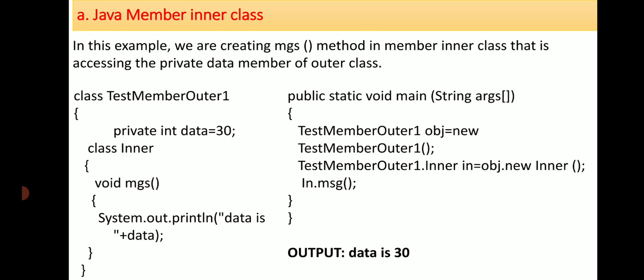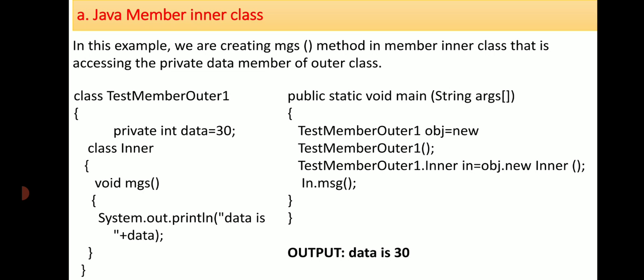Here we are not using any method, so we write it inside the outer class. There is an inner class, class Inner. In that we define void message, a function message, and in it we have an output statement that prints the value of data. Then we close the outer class.